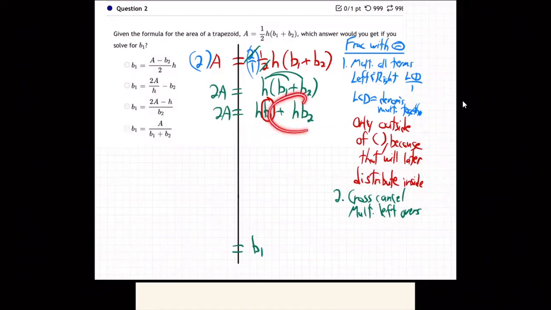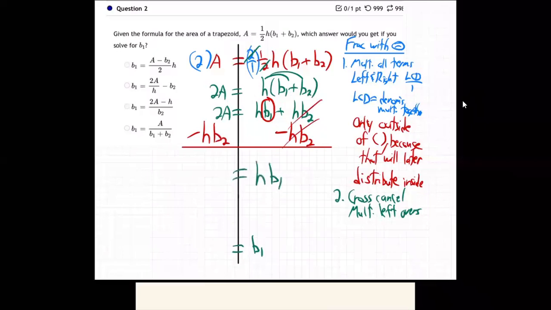That's what we always do, right? All right, so that means right now we've got to get rid of this HB2, right? And how do we get rid of it? Well, we always do the opposite. It's an added HB2. So what am I going to do? I'm going to subtract HB2. Whatever I do to one side, I have no choice but to do the same thing to the other. Cancel, cancel. What do I get over here? HB1. What's on this side?